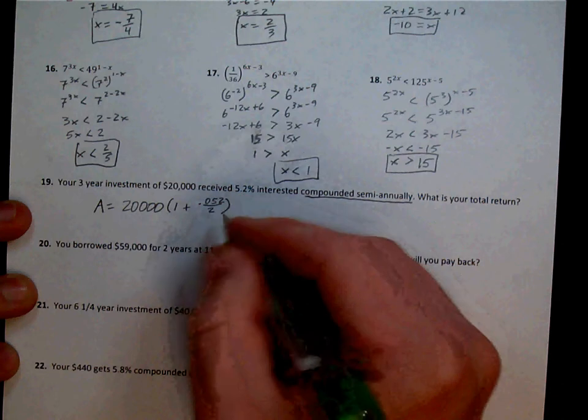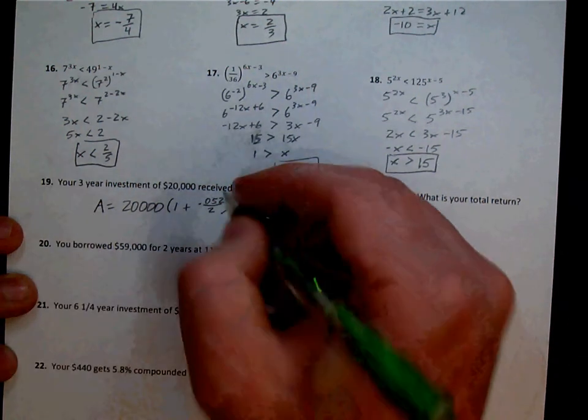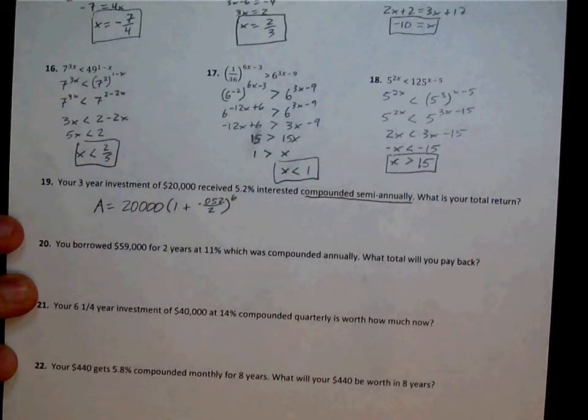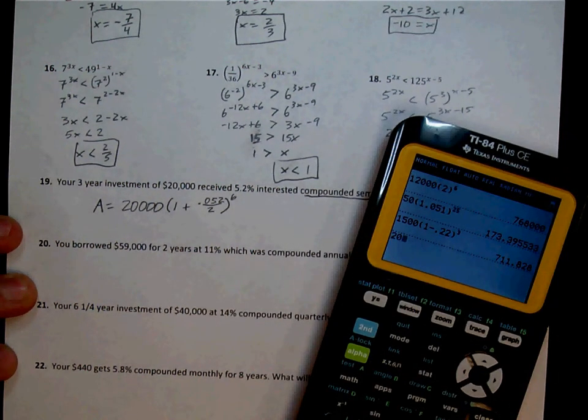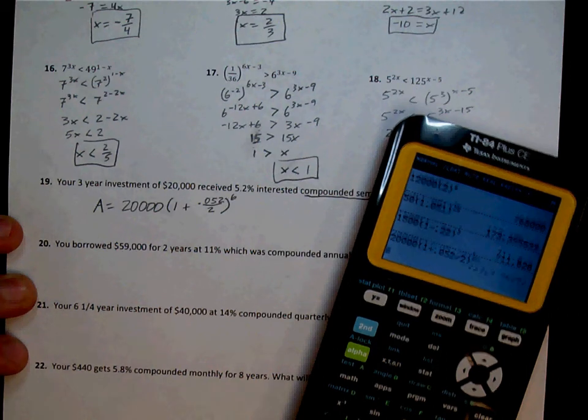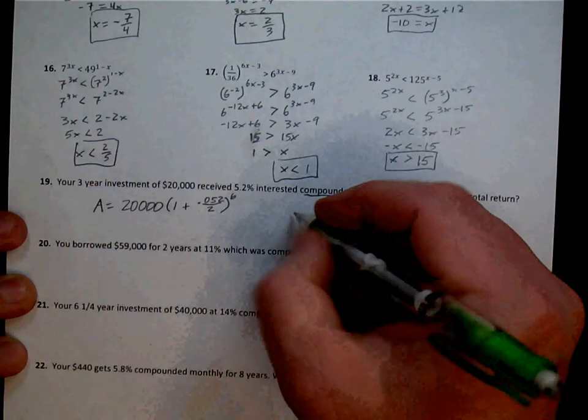And then my exponent, because I'm getting interest twice a year for 3 years, 2 times 3, that's a total of 6. So let's plug that in the calculator. $23,329.97.